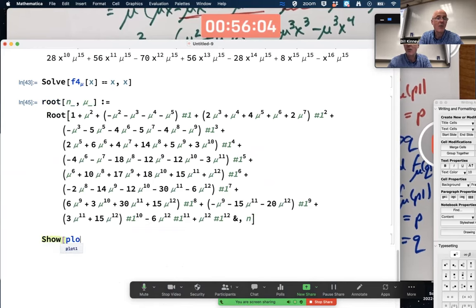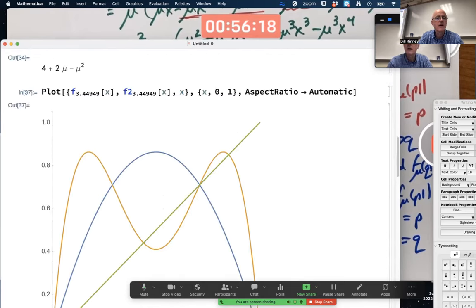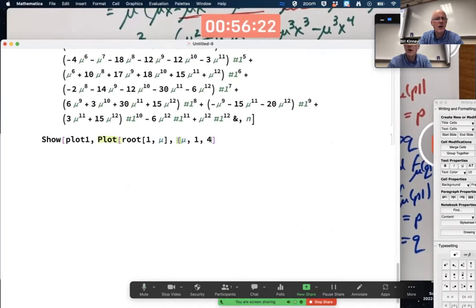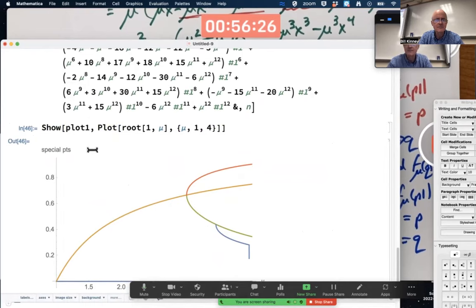Let's combine it with plot 1, with Show here. Show combines plots. For example, if I type root 1 mu, mu goes from, what was the window here? 1 to 4. And I'm showing plot 1 in here as well.